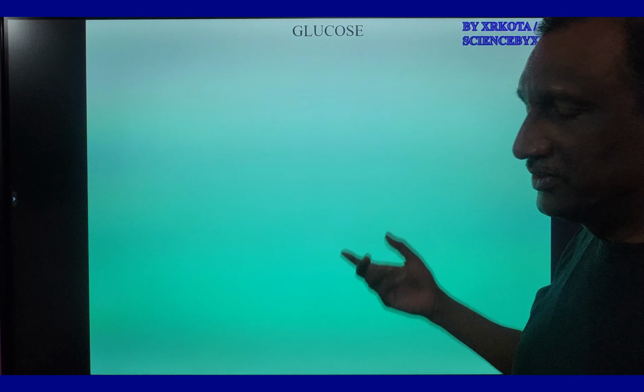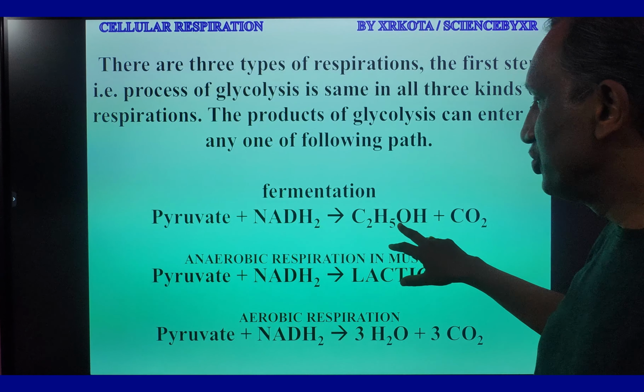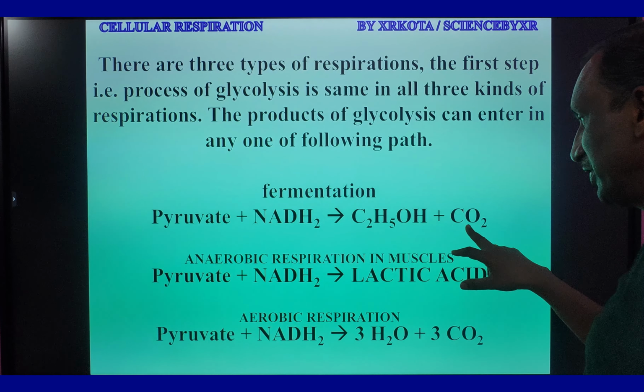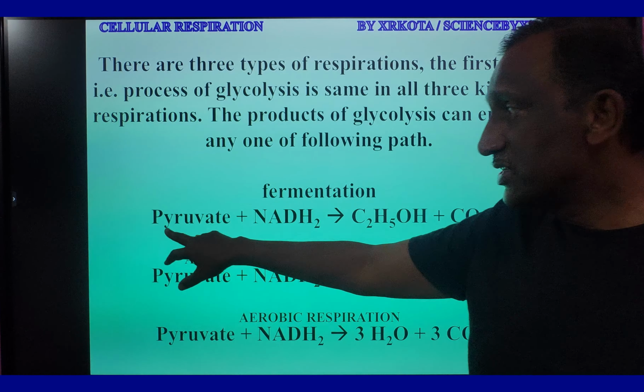Now there are three types of respiration we have studied. One is fermentation, another is lactic acid fermentation, third is aerobic respiration. In fermentation, the pyruvate which is formed plus NADH2 will recombine and change into one molecule of ethanol and one molecule of carbon dioxide. So अगर ग्लूकोज से करेंगे तो 2 pyruvate plus 2 NADH2 will produce 2 ethanol plus 2 carbon dioxide, with the glucose.